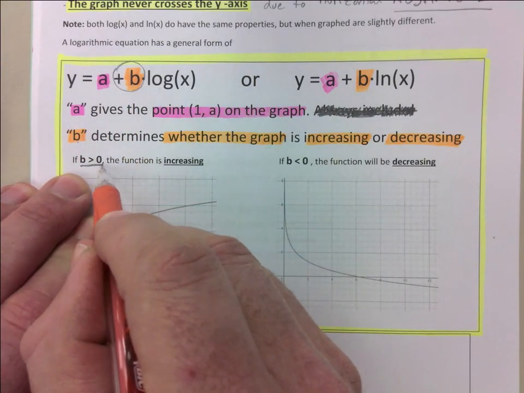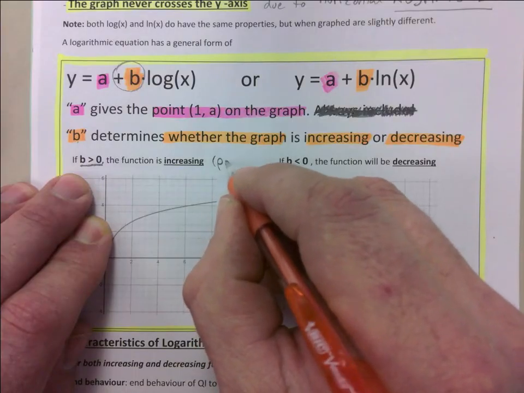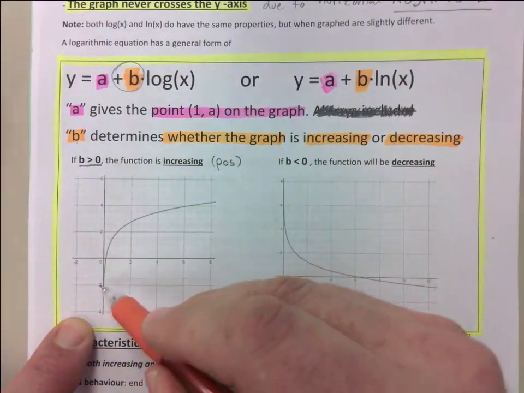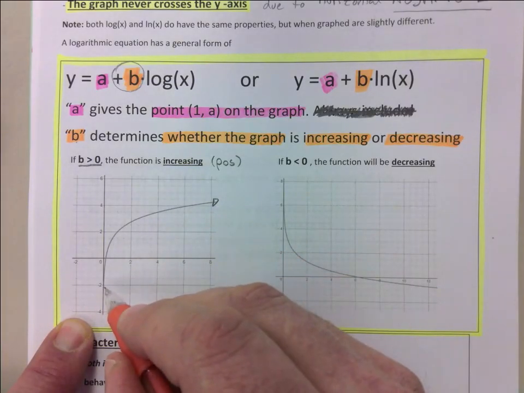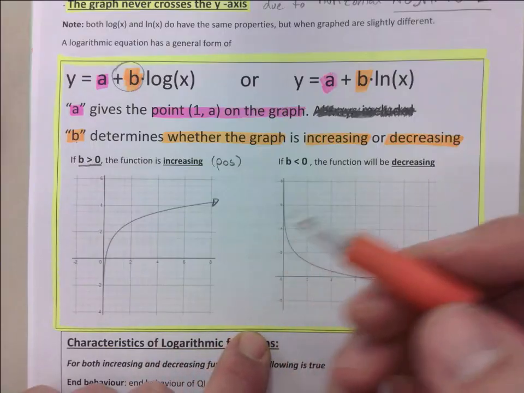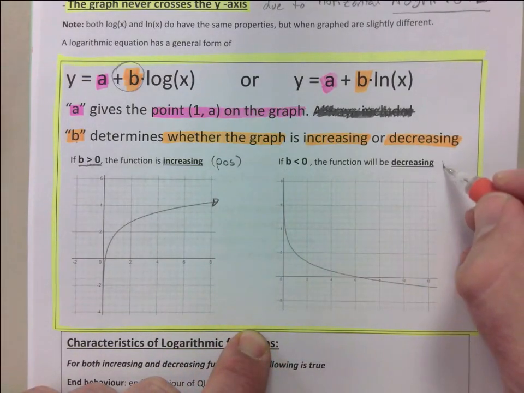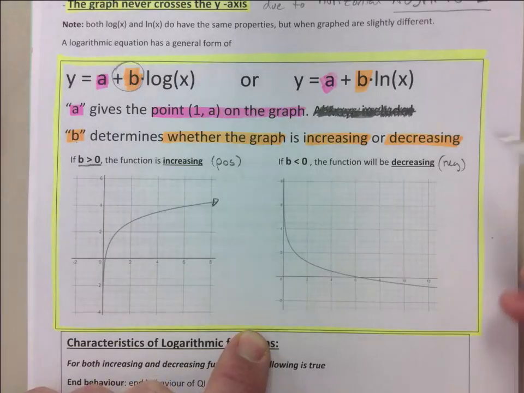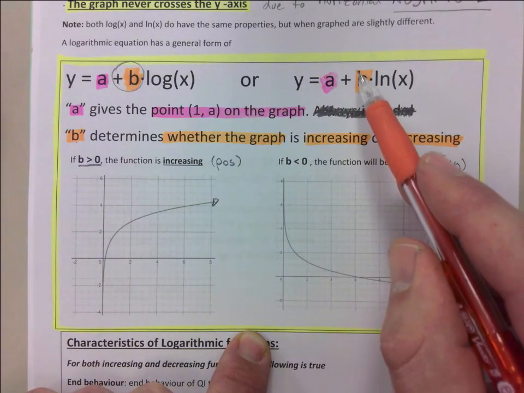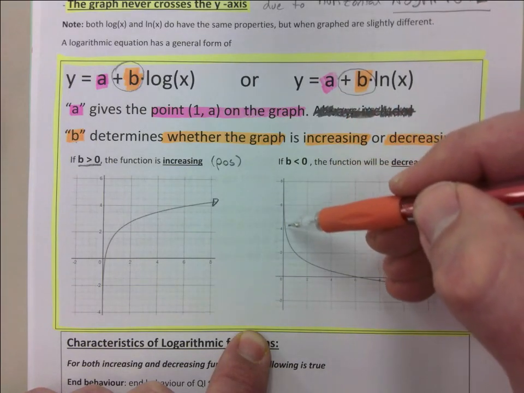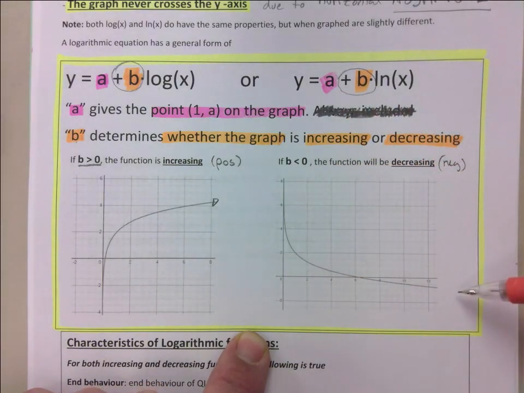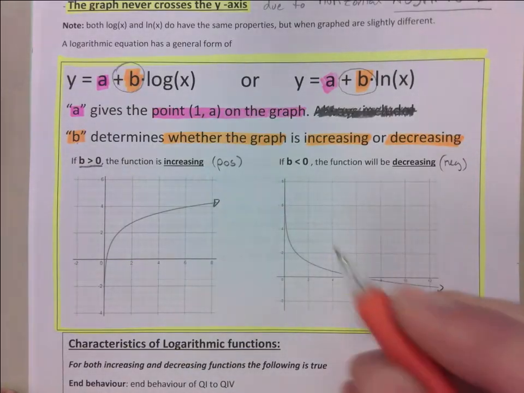If B is greater than 0, so positive, you're going to have an increasing function from left to right. If B is negative, if you notice that the orange part, this whole thing here is negative, you're going to have a decreasing function from left to right. So you can have arrowheads here.